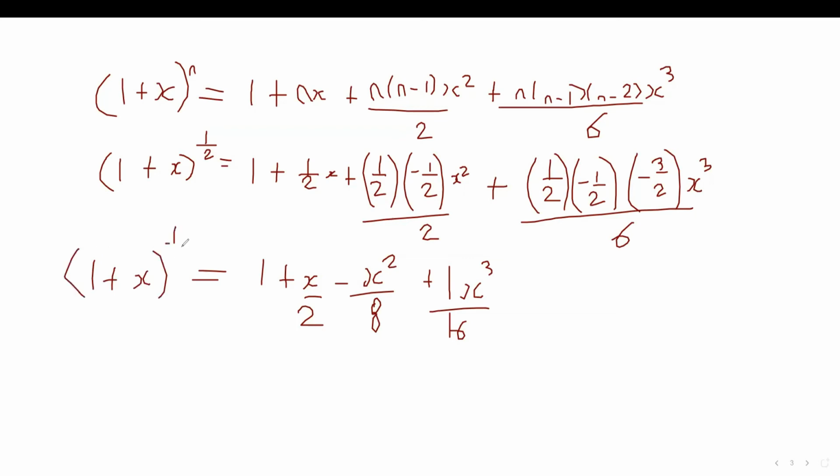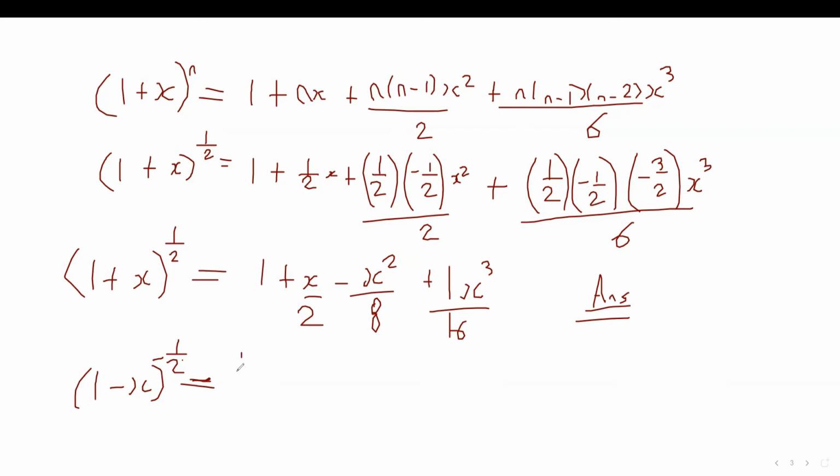Yes, sir. Now they wanted the expansion for, similarly, 1 plus x to the minus half. So now, Marika, all we're going to do is replace x with minus x and n with minus half. So 1 plus x to the minus half is going to be equal to, replace n with minus half, x with minus x, let's use black.